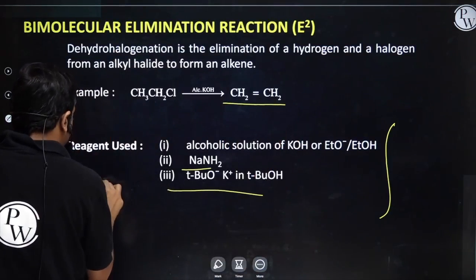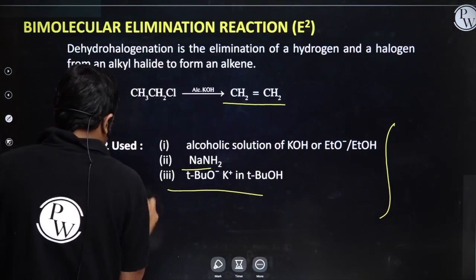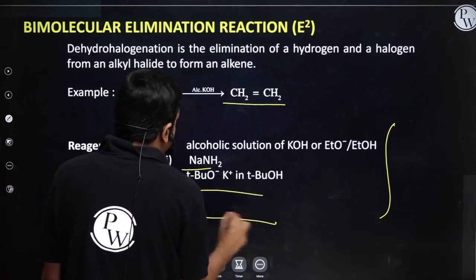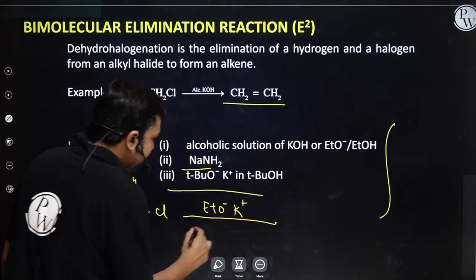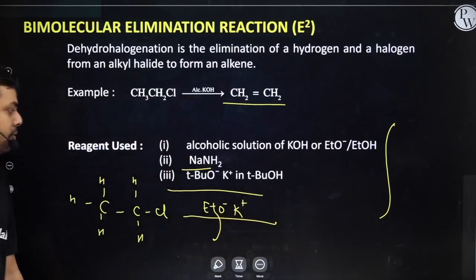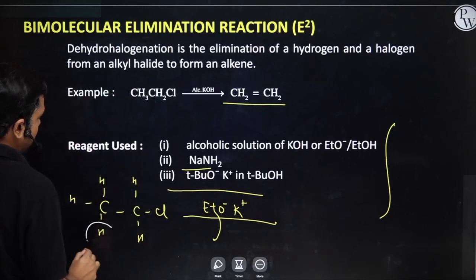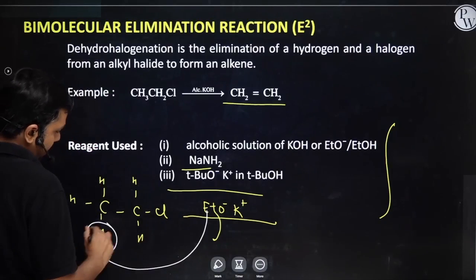CH3 CH2 Cl. Alcoholic KOH is nothing but ethoxide ion, EtO minus K plus, and this one is a strong base. What will this base do? It will snatch one of the beta hydrogens. It will attack on this beta hydrogen.